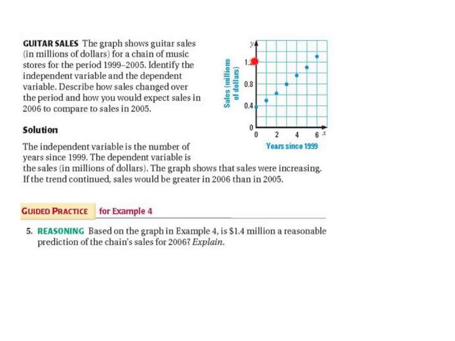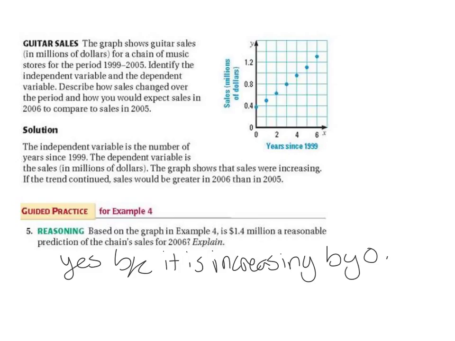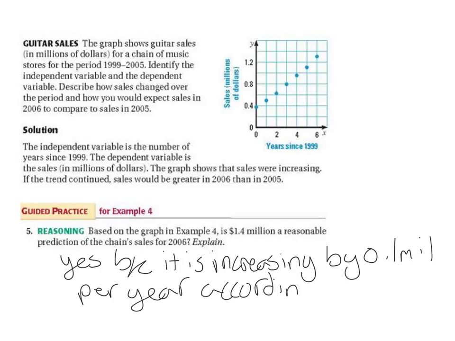So right now it's at 1.3. So is it reasonable? Yes. Because it is increasing by 0.1 million per year according to the graph. Okay?